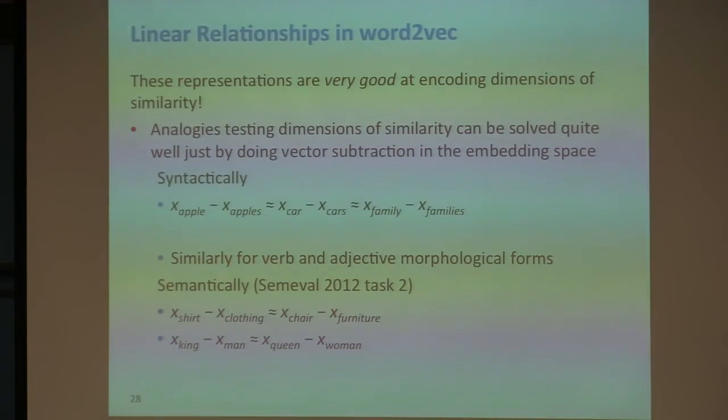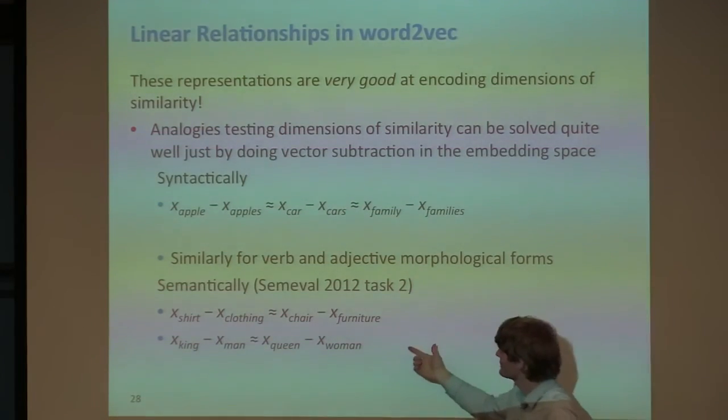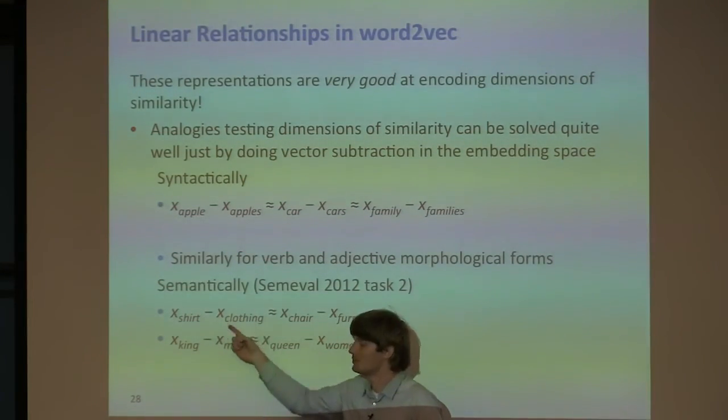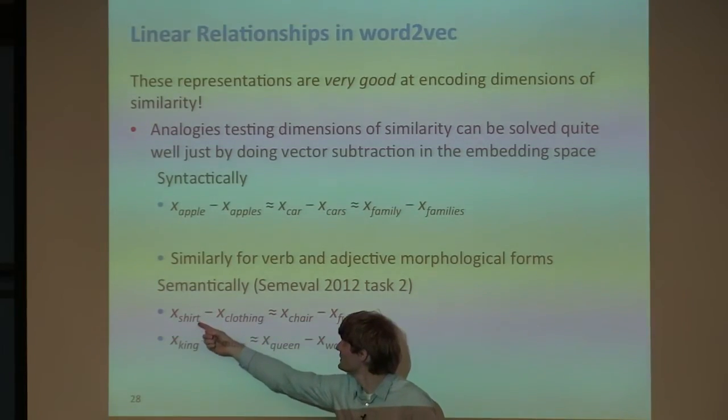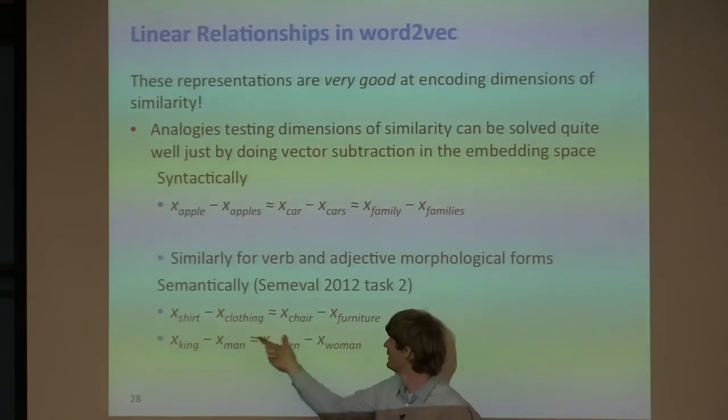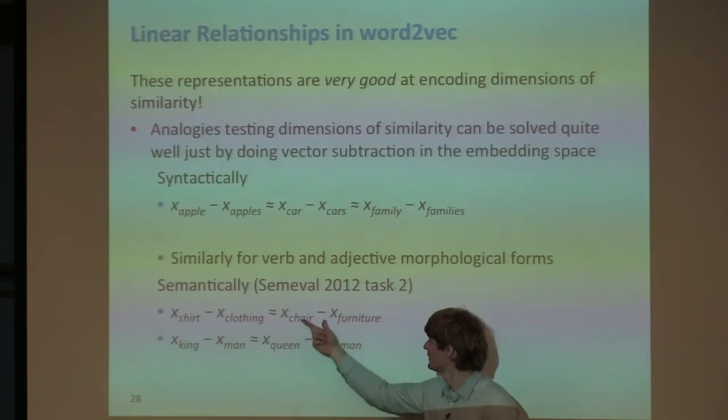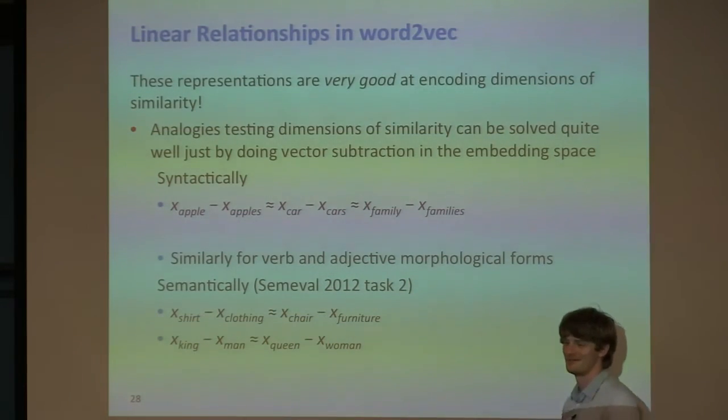And what's even cooler is, remember how I described the WordNet hierarchy, right? You basically had humans say, oh, I know that a panda eventually is like an animal and a placental and whatnot. Well, it turns out some of these hypernym relationships are also captured. So if you take shirt and you subtract clothing, it's a very similar vector to when you take chair and you subtract furniture.